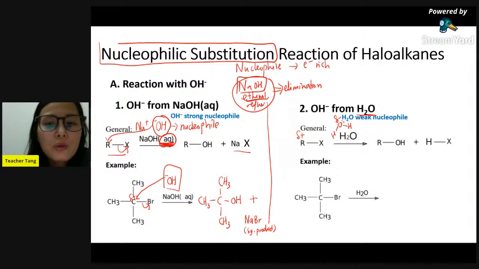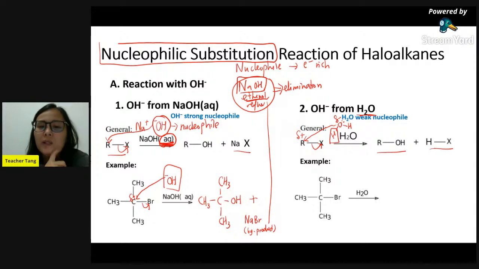During the nucleophilic substitution reaction, the oxygen of the water uses the lone pair to form a bond with the carbon that is partially positive charged, and kicks out the halogen, and the halogen that leaves will take one of the hydrogens. That's why the byproduct is HX, and your product is the alcohol.